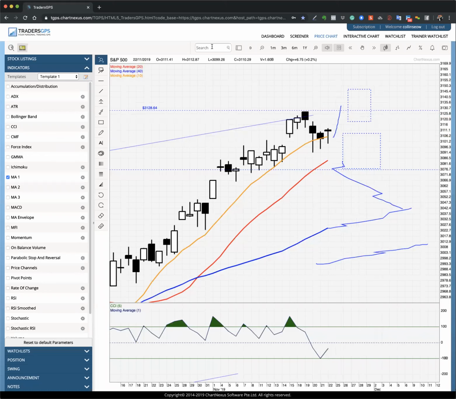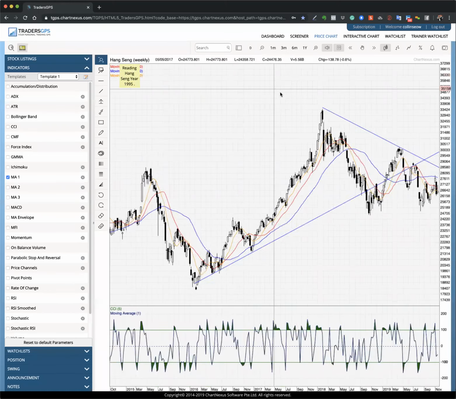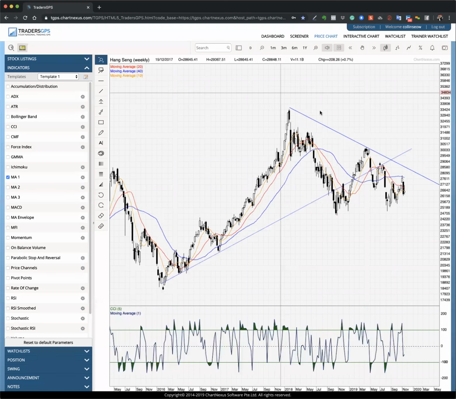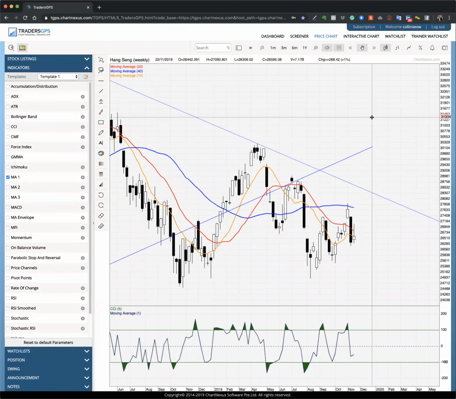If not, then we go to the HSI, Hang Seng Index. Even though today futures may be slightly up, I think we are still in a down mode, or at least a consolidation mode right now. So we have this consolidation and this consolidation here. Likelihood it will continue to consolidate sideways.